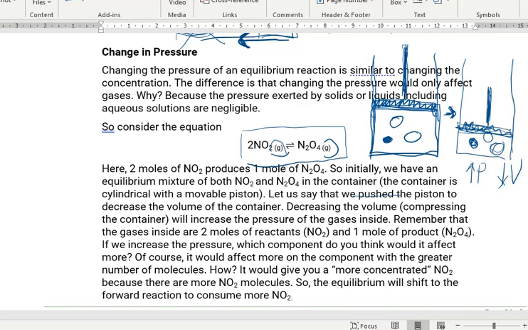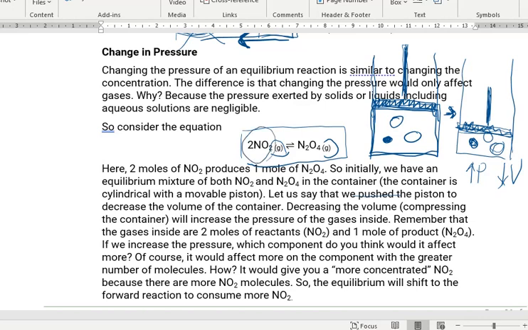So, in this case, class, when we increase the pressure, what is affected is the component with the greater number of gaseous molecules.